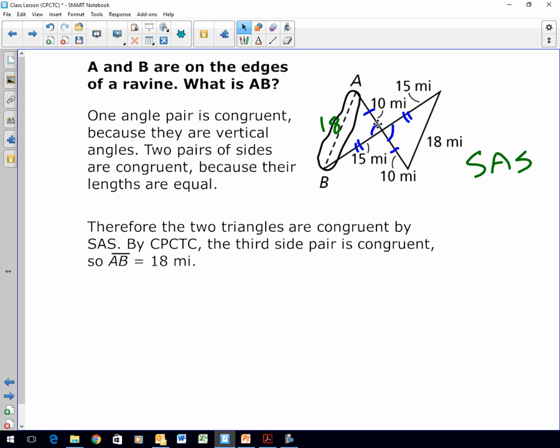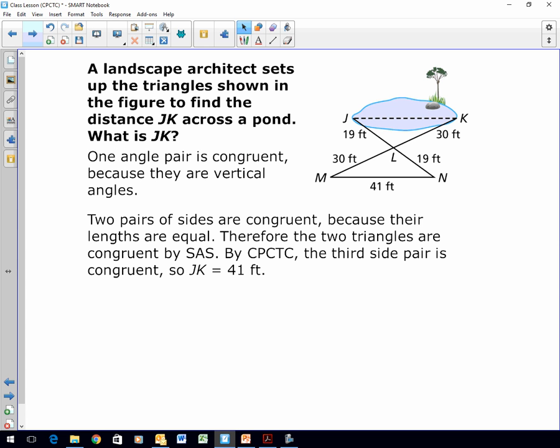Once you prove SSS, SAS, ASA, AAS, or hypotenuse leg, that two different triangles are congruent, you can then have one last little step, which is called CPCTC, to say that all the other sides and all the other angles would also be congruent. Okay? Got it.